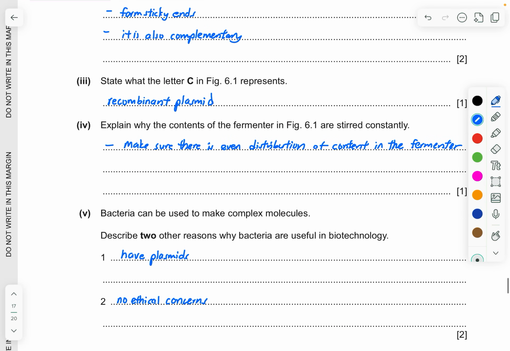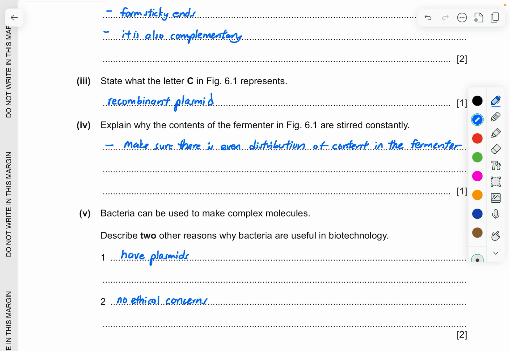So part 4, explain why the contents of the fermenter in figure 6.1 are stirred constantly. When you are blending a juice, or mixing the egg with the pepper and salt, you are mixing together. So what's the point of all of this? It is to make sure that there will be even distribution of the salt and pepper throughout the entire content.